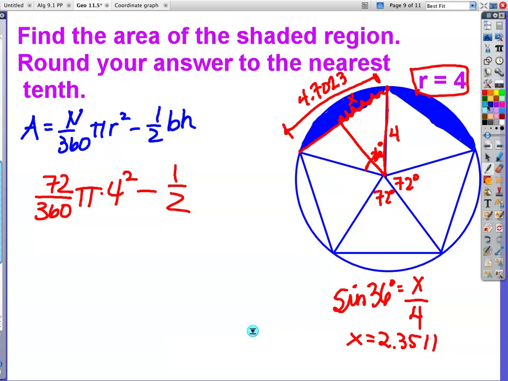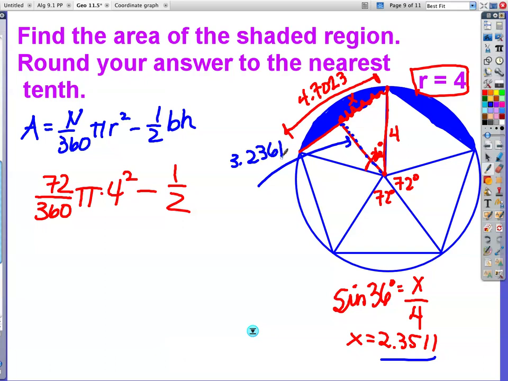All right, I still need to find the height here. I need to work on this number right here. I can use Pythagorean theorem, which I think I'm going to do. I'm going to take 16 minus my x value squared. You guys should be pretty good at doing this, so I'm going to quick calculate that. And I'm getting 3.2361.